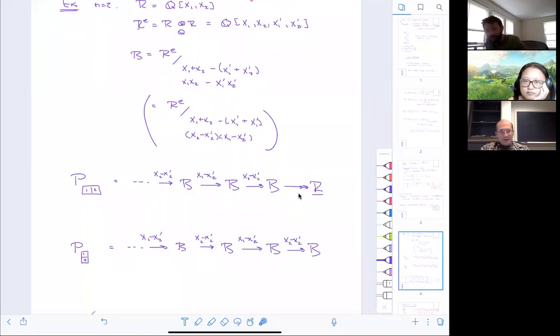I'll consider the first complex, the projector associated to the 1 row partition. You start with a copy of R and then a bunch of B's. This map from B to R is just the natural projection that sends x1 to x1, x1 prime also to x1, and similarly for x2's. So it kills x1 minus x1 prime and x2 minus x2 prime.